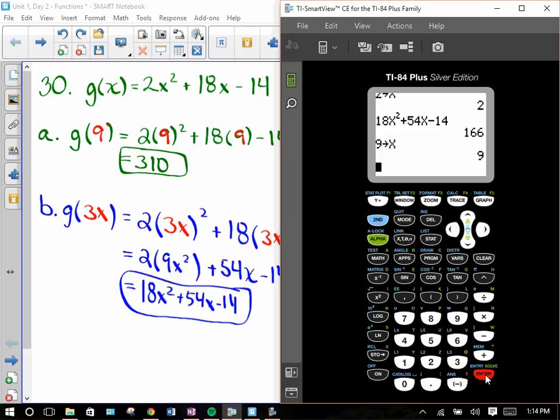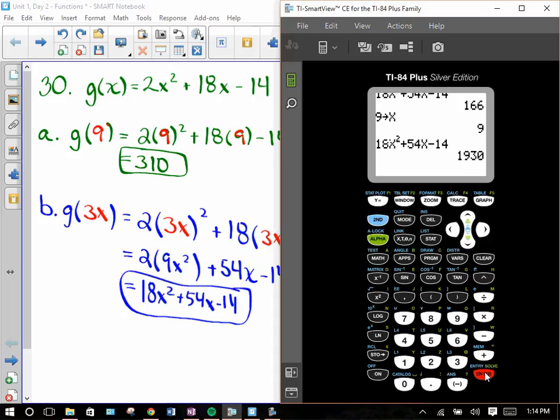All right. So now 9 is x. So I can go second enter, which gets me up to this. Hit enter. Oh, not 54, it's a different bubble. Up here, I typed it in wrong, but it'd be plus 18 times 9. I typed it in wrong in the calculator, but you can see the intent.